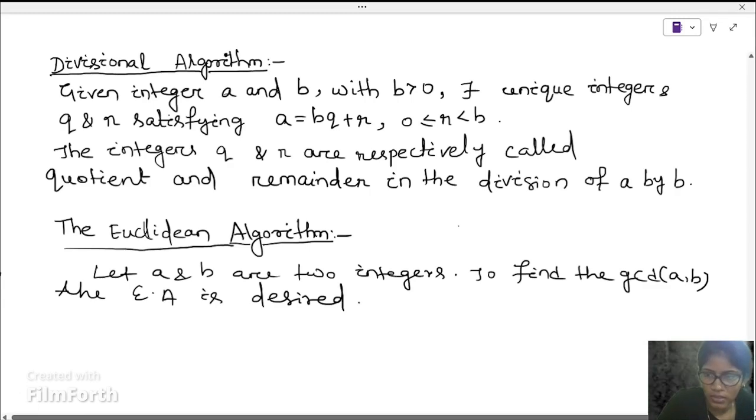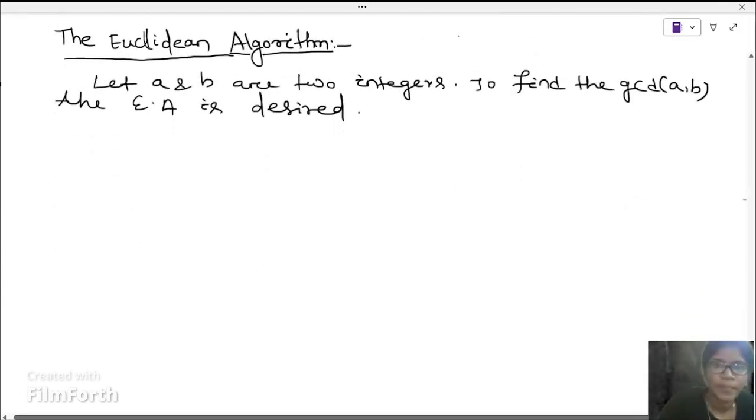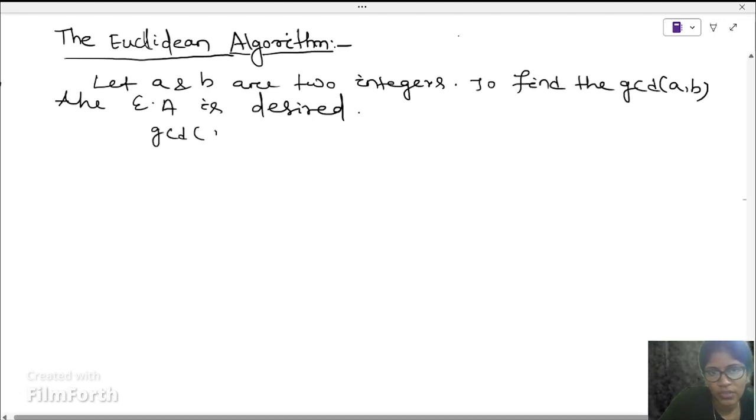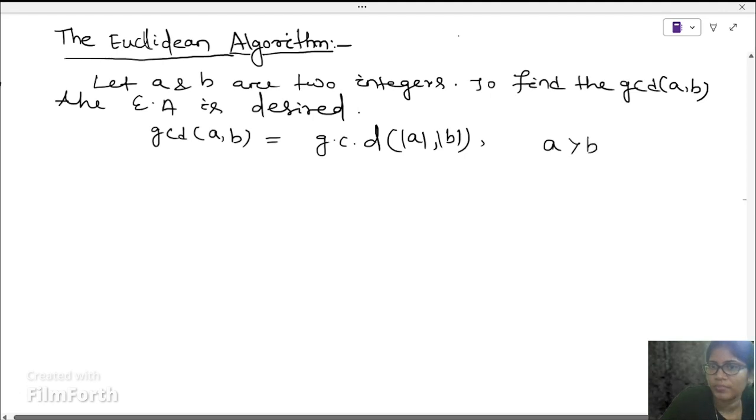So what is the procedure for finding the GCD by the Euclidean algorithm? From the division algorithm, the GCD of a comma b is equal to the GCD of modulus of a comma modulus of b.